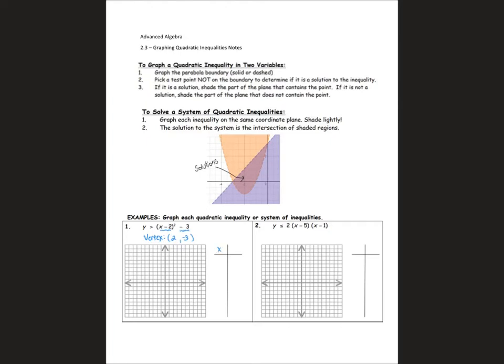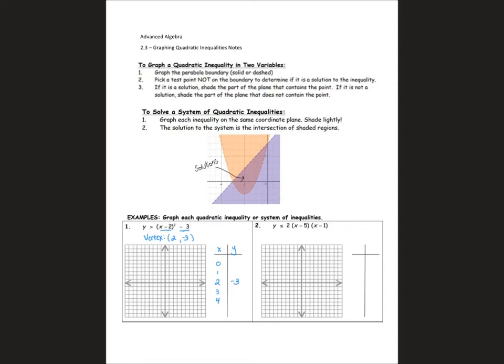All right. I'm going to make a quick table to help figure out the rest of this parabola. I'm always going to put my vertex in the middle. And I'm going to pick a couple points to the left as well as to the right of the x value of 2. So to the left of 2 would be 1 and 0. To the right of 2 would be 3 and 4. And now I'll plug 0 in to this inequality for x.